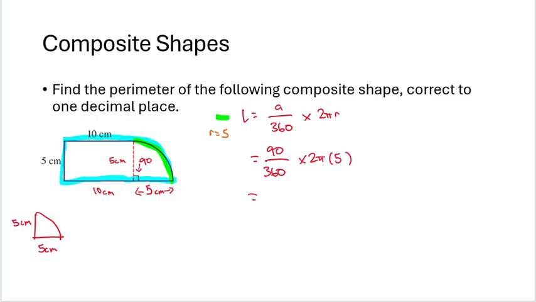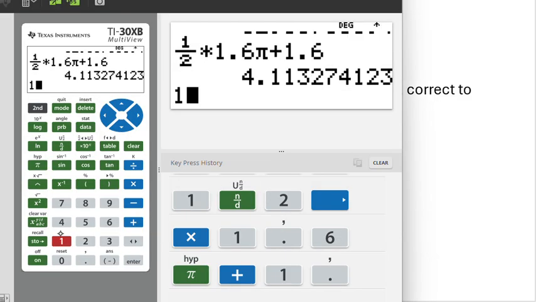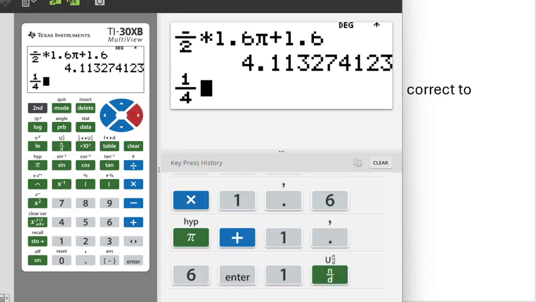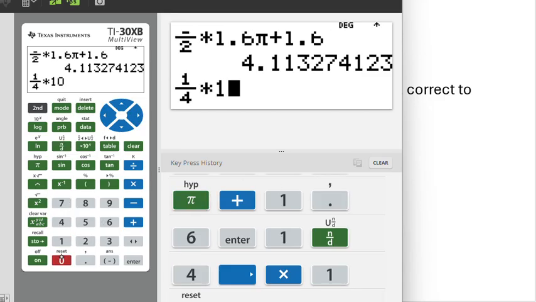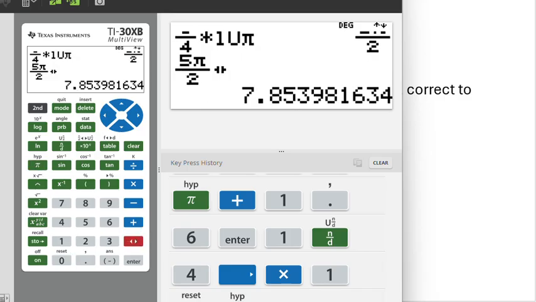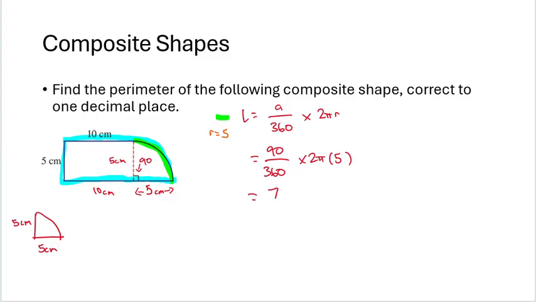So type this in exactly on your calculator. 7.85. What is this? 7.9. So now that we know that the green is equal to 7.9 centimeters, we just need to add everything up.